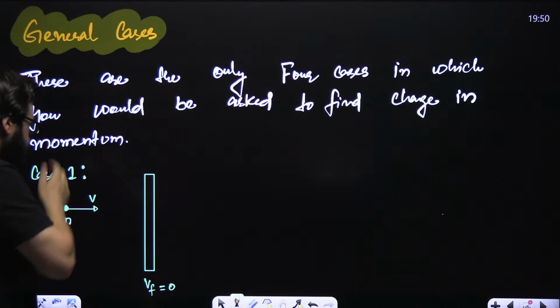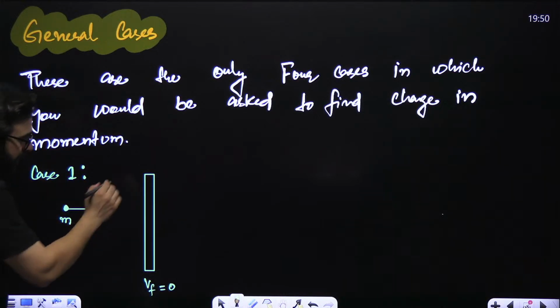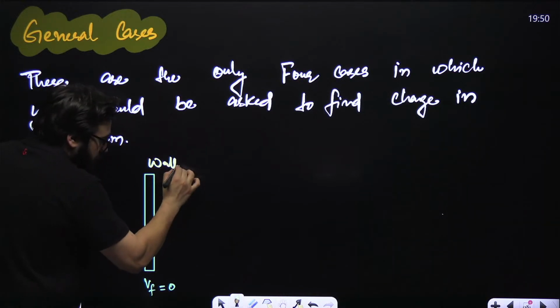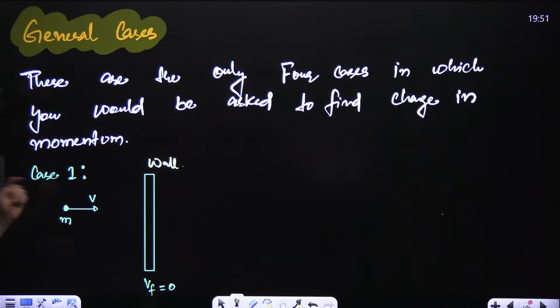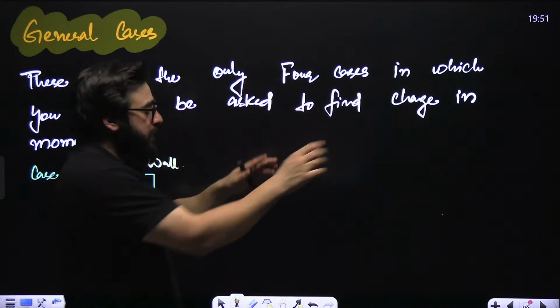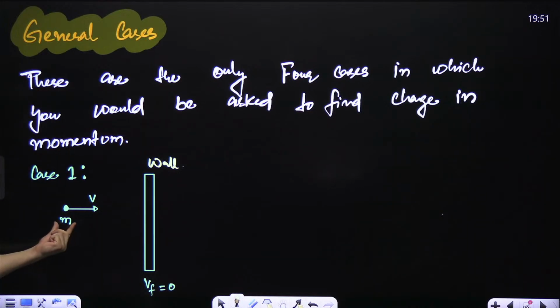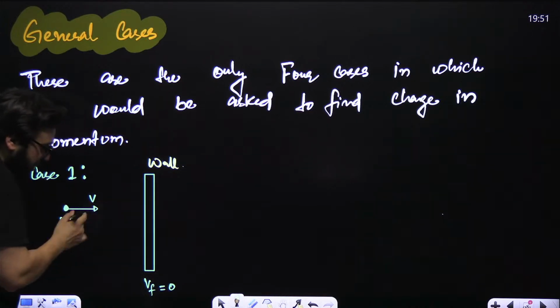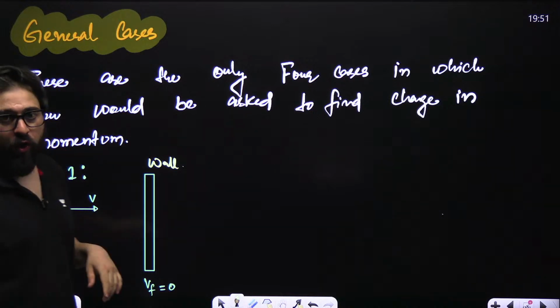Let me tell you. First, let's suppose this is a wall. Now, you are throwing a ball. Its mass is m and it is going with the velocity v and it is striking the wall.